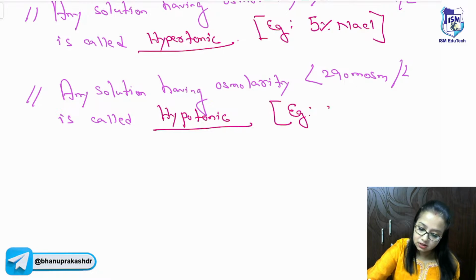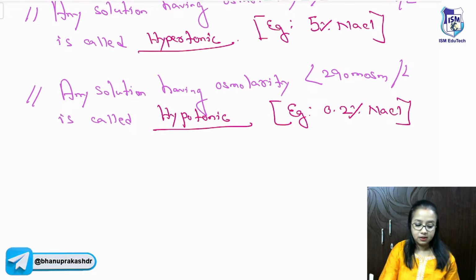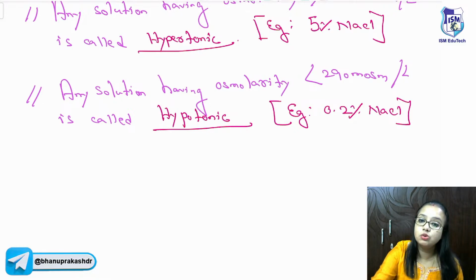Example, say 0.2% NaCl. Okay. Now, you must be wondering, why should we know all this?